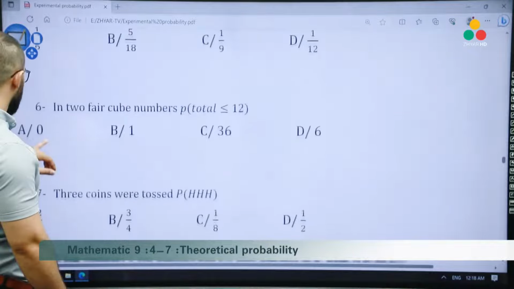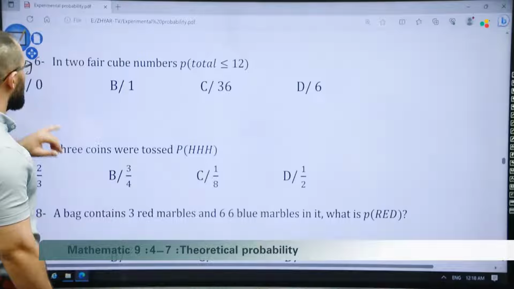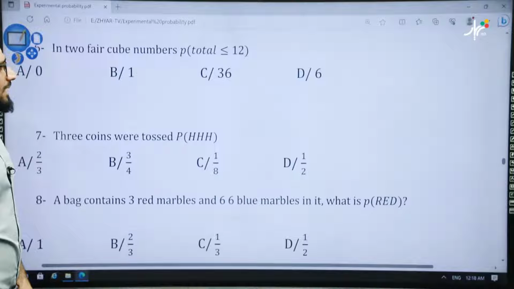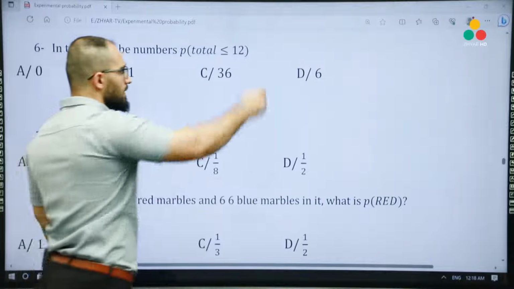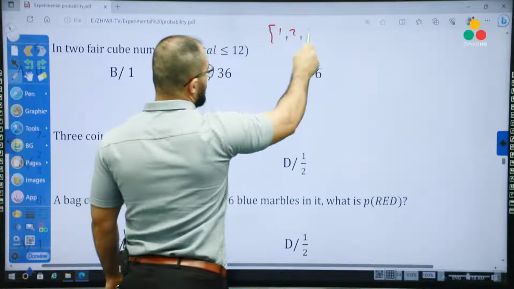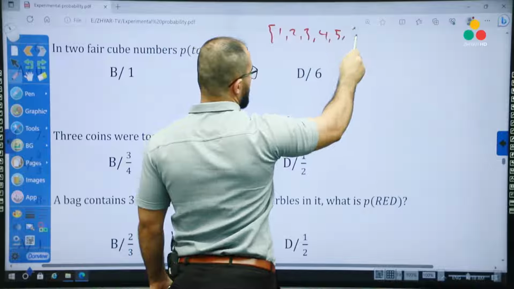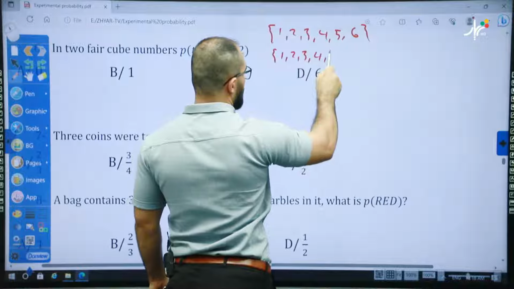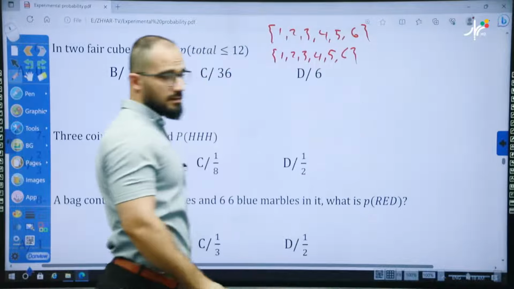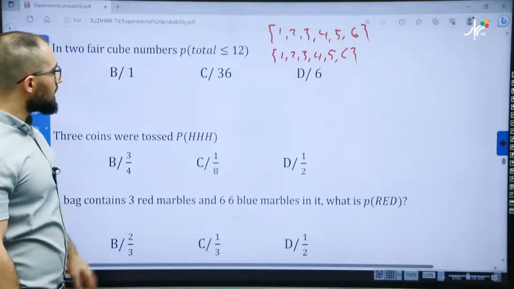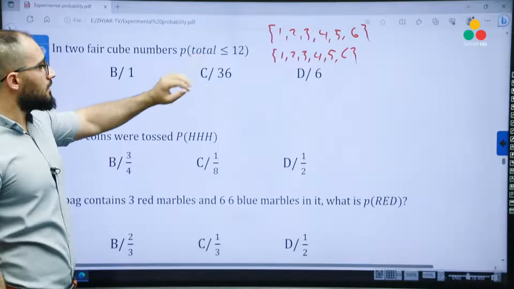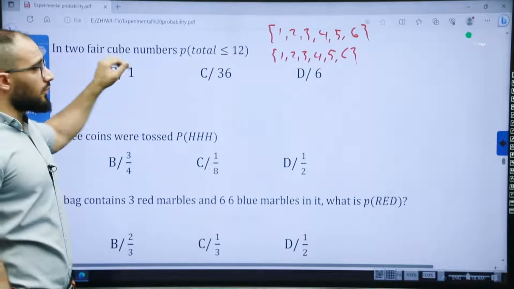Question 6. Again, it says in 2 fair cube numbers, P total less than or equal to 12. Let's explain it. 1, 2, 3, 4, 5, and 6. This is the first one. 1, 2, 3, 4, 5, and 6. This is the second one, the second dice. Then it says all the results, when you add them up, give you 12 or less than 12.